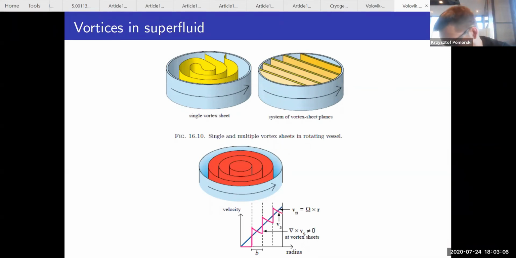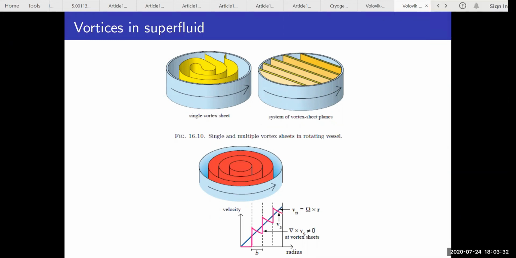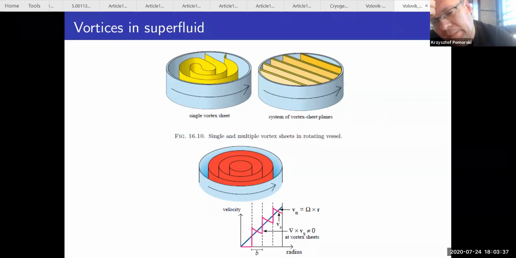You can make this rotation time dependent, and doing so, you can create a very complicated dynamical state of the system, and then you can create entangled vortices, and that's how it is. All right, I will move to more concrete examples later.